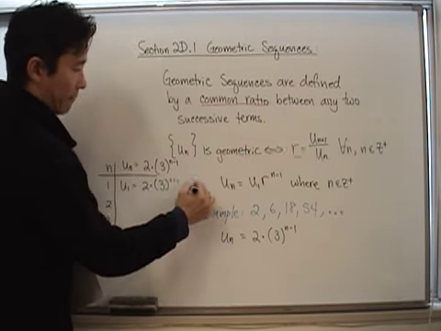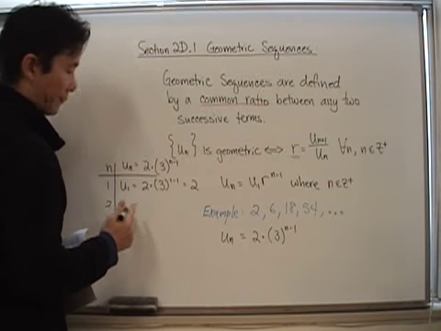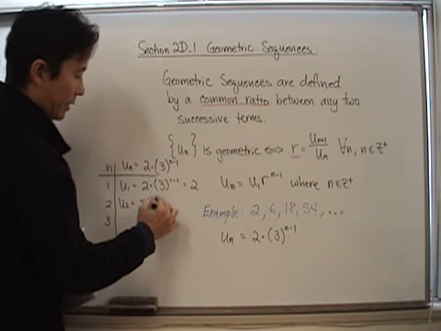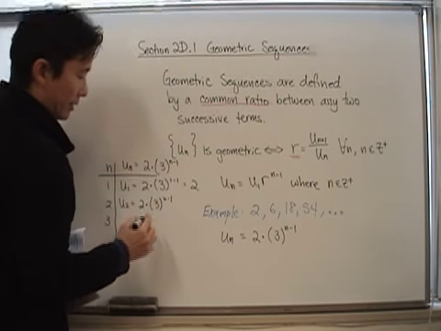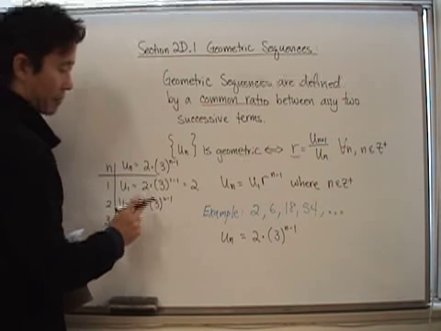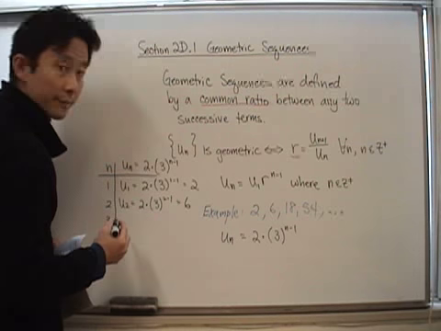So that value is going to be equal to 2, because 3 to the 0 is 1. u sub 2 is going to be 2 times 3 to the 2 minus 1. We know that 2 minus 1 is 1, so that's 3 to the first, which is 3. So 2 times 3 gives you 6.